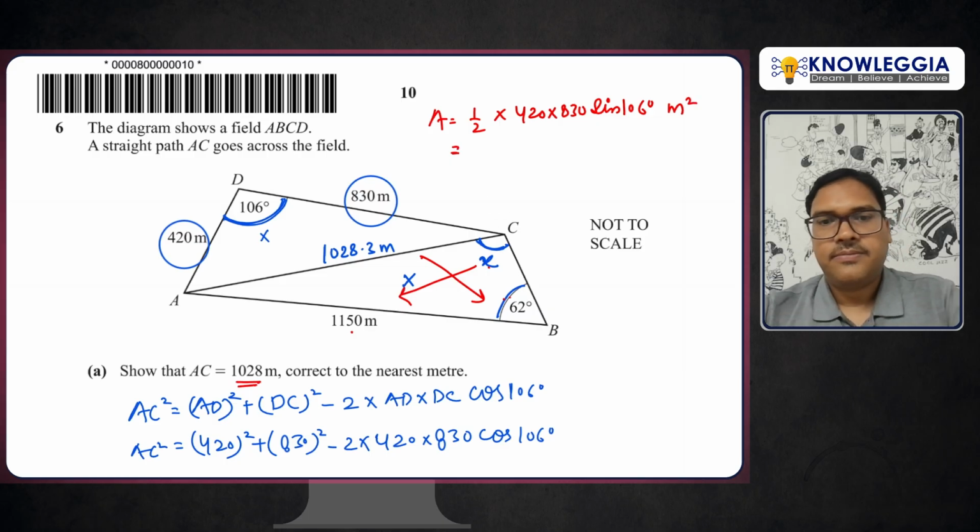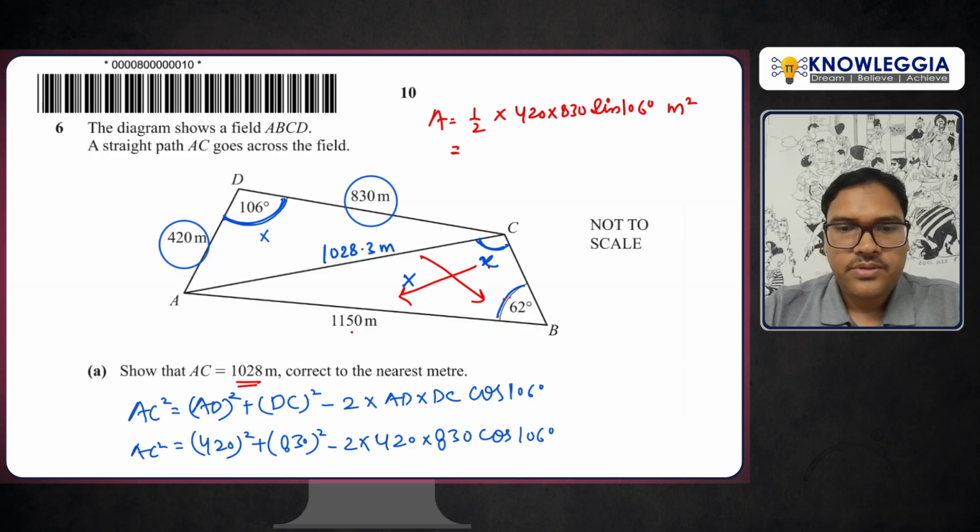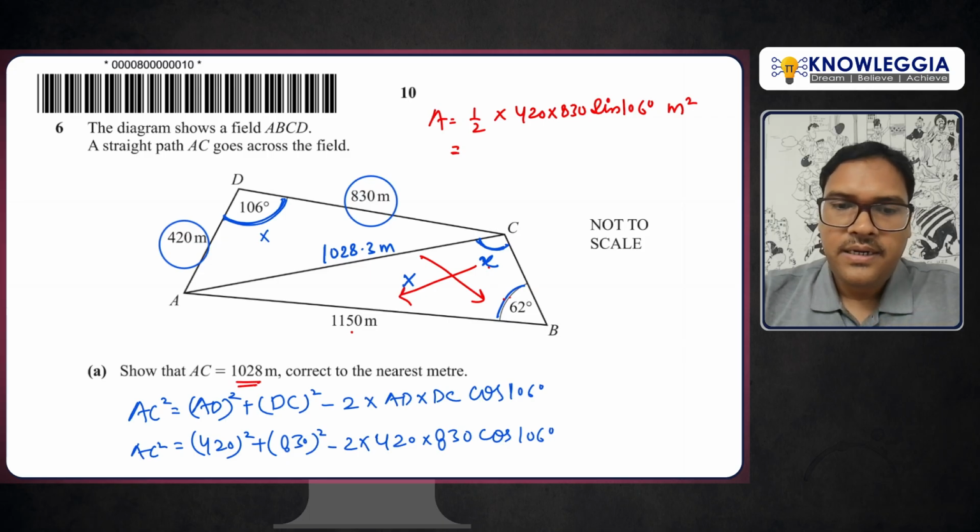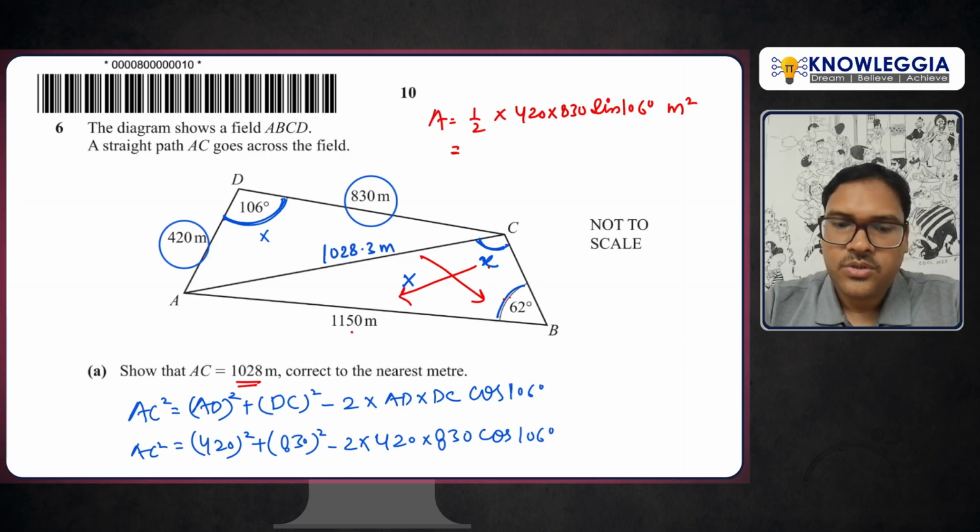So if you check this, this is 420 divided by 2, multiplied by 830, multiplied by sine of 106.